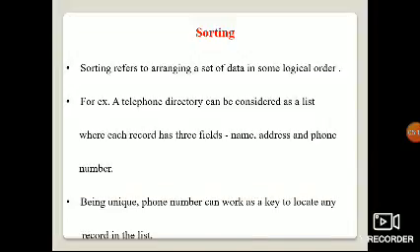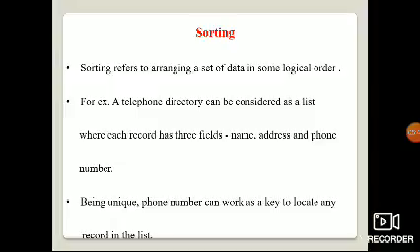Sorting refers to arranging a set of data in some logical order. For example, take a telephone directory. A telephone directory can be considered a list where each record has three fields: name, address and phone number. In the telephone directory we have the serial number, the name, the address and the phone numbers.